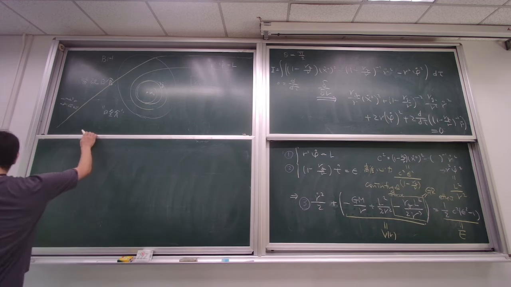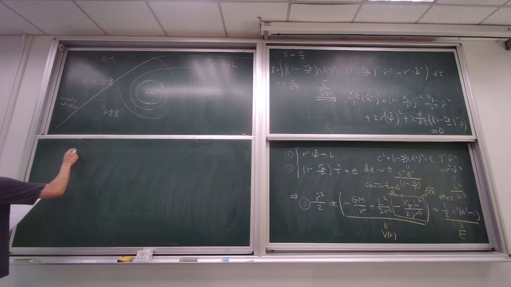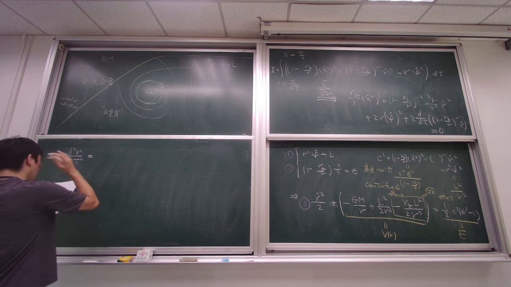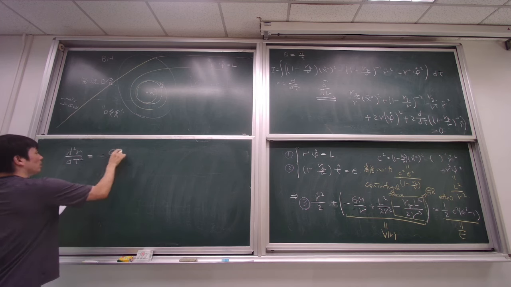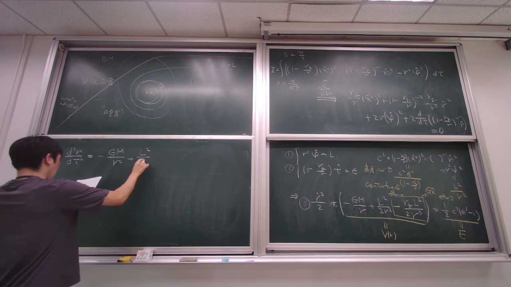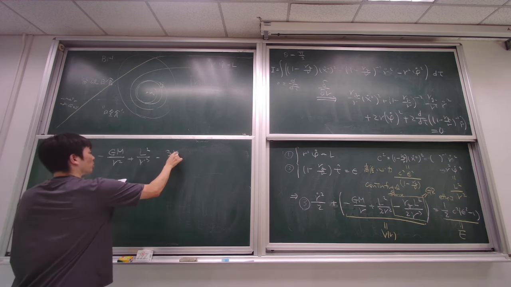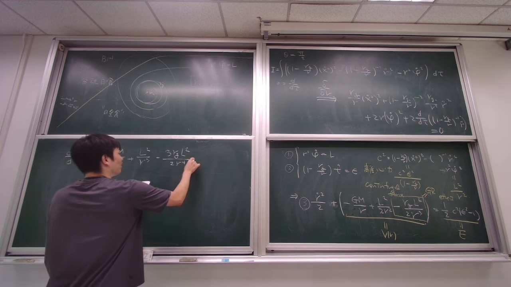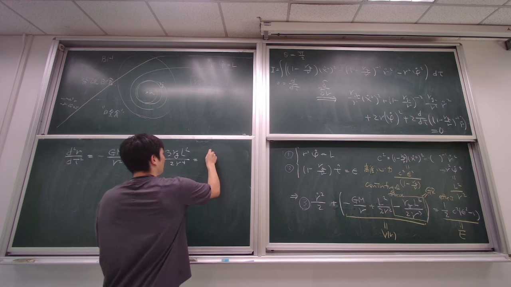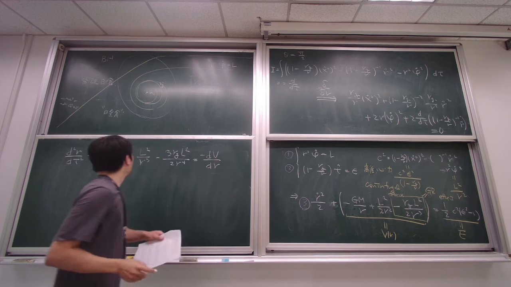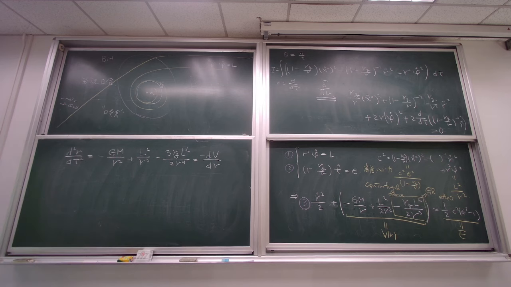So if you use this equation, the second derivative of tau, minus GM over r square plus L square over r cube minus 3RG L square over 2r to the fourth is equal to actually dV/dr with a minus sign. Okay.